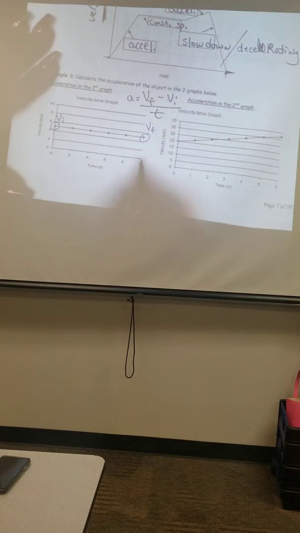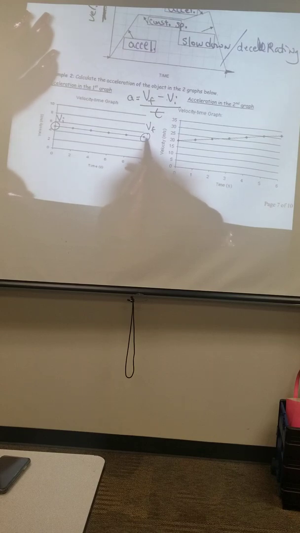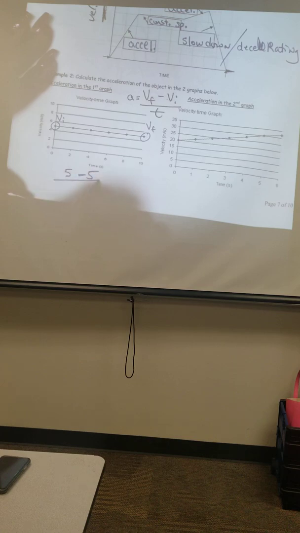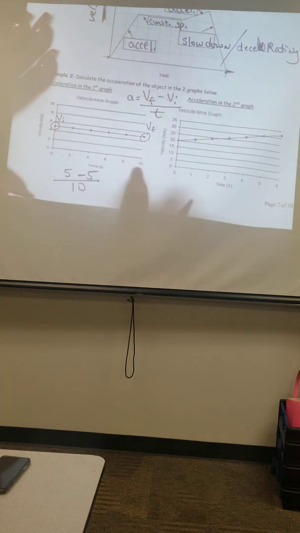My final velocity was 5. What is it? 5 minus 5 over how much time? 10 seconds. Comes out to, I agree, 0 meters per second squared.